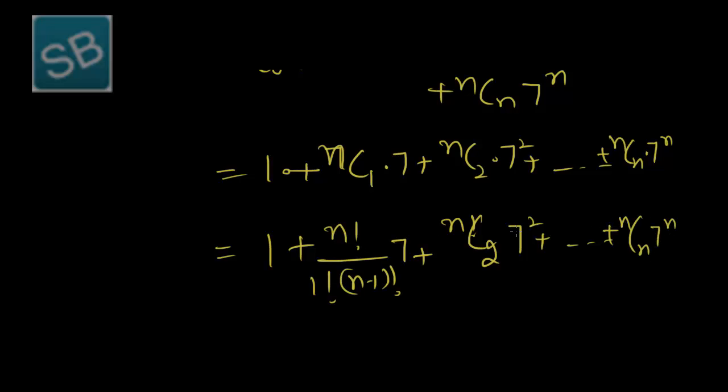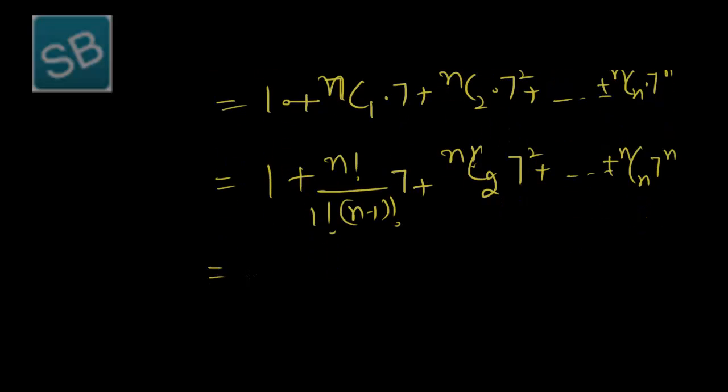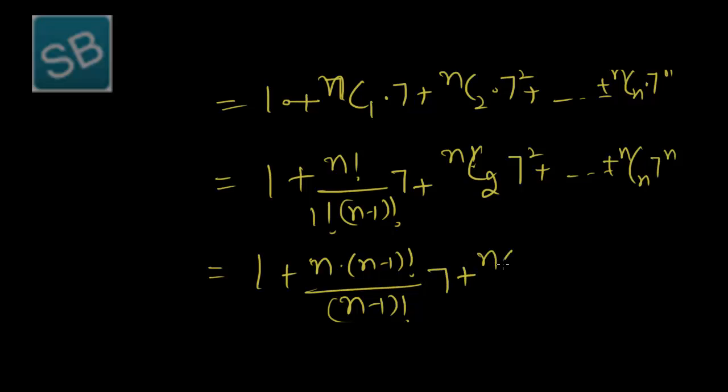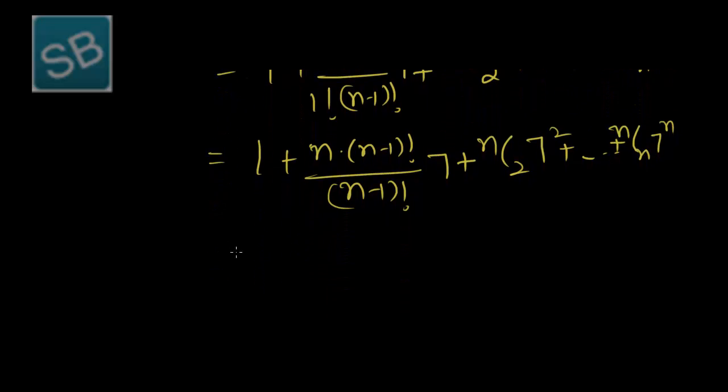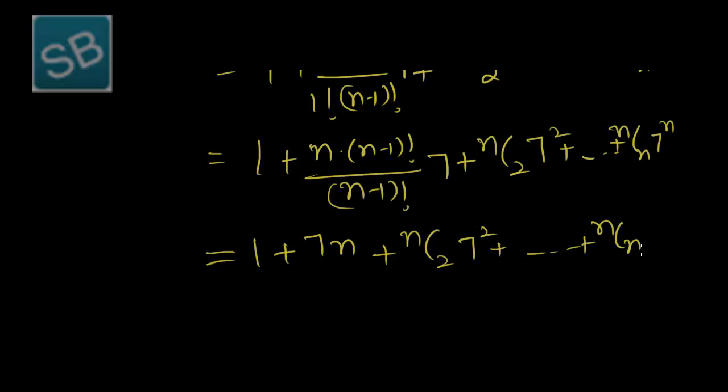When we solve this, you will see what is going to happen. We will only simplify this, not all these terms. We have to find 1 plus 7n plus nC2 7 square plus so on, nCn 7 raised to power n.